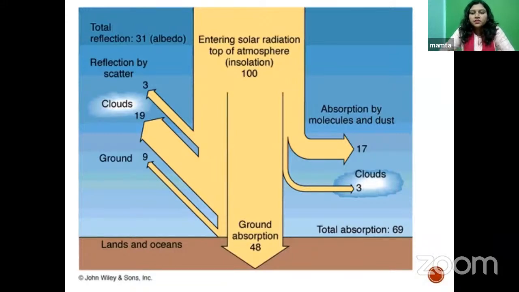In the stratosphere, the ozone layer is there, and maybe you have studied the formation reaction of ozone. Ultraviolet is used: oxygen breaks down into nascent oxygen and O2 molecules, then again combines and forms O3, the ozone molecule. So ultraviolet is absorbed for the formation of the ozone layer.